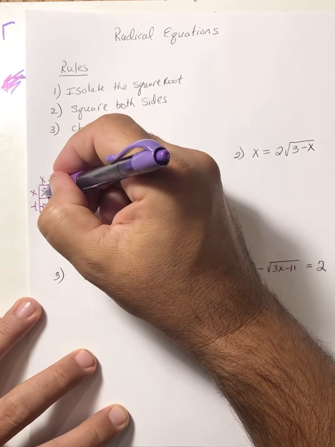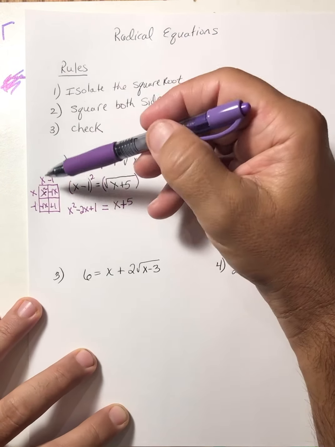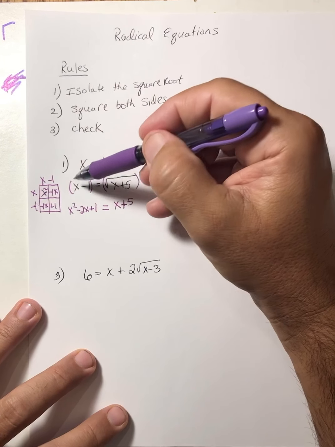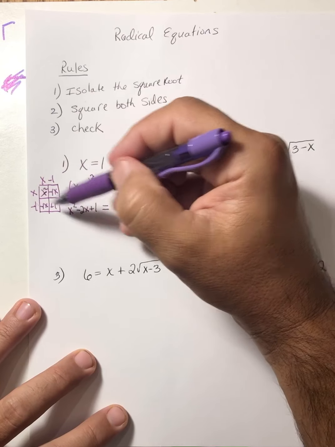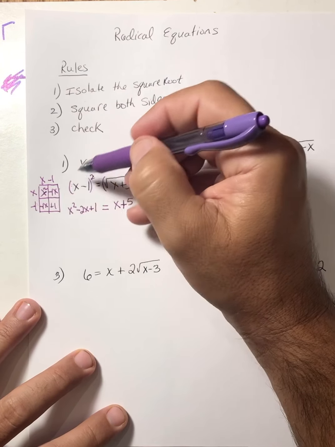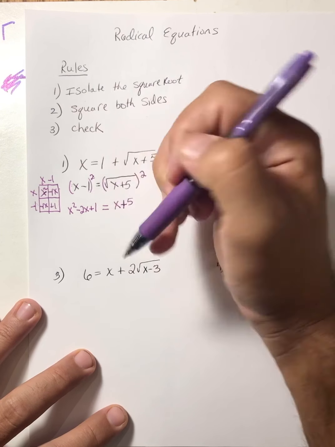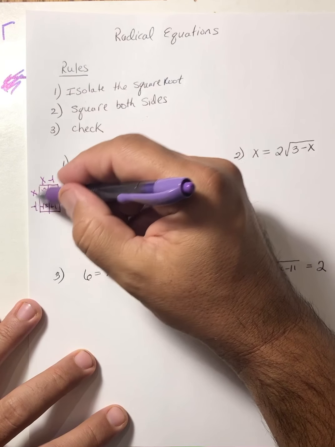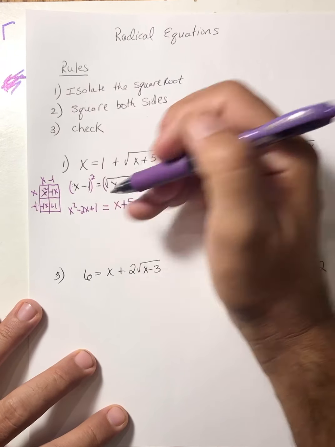So notice, x times x is x squared. Then I have a negative 1x and a negative 1x, so it's negative 1 times x, twice. There's 2 of them, negative 2x.